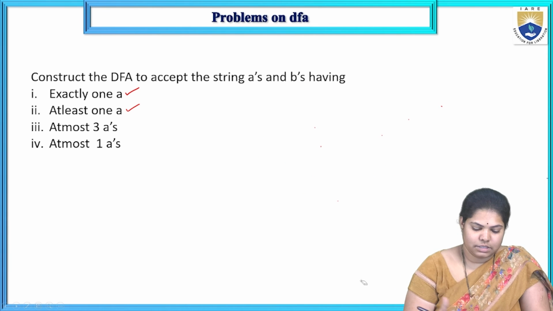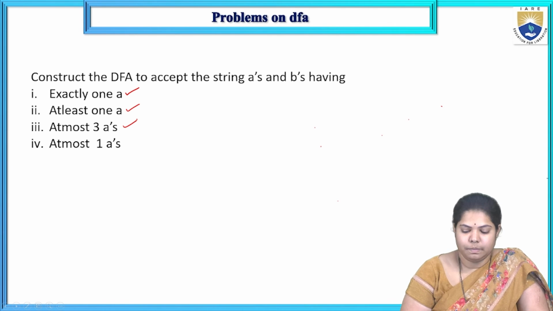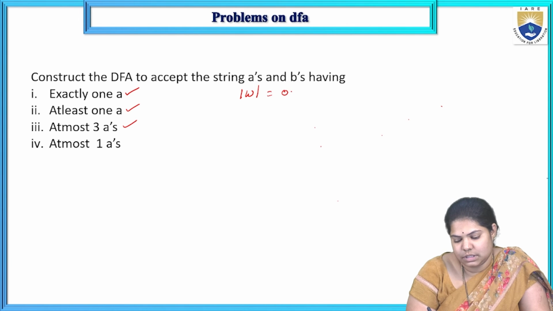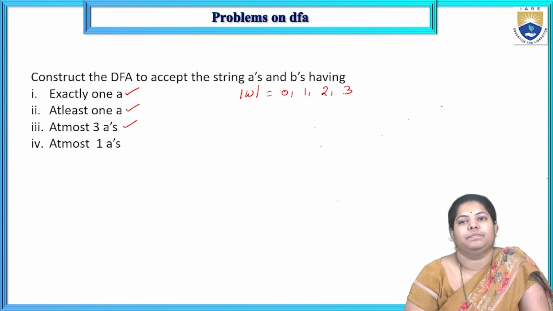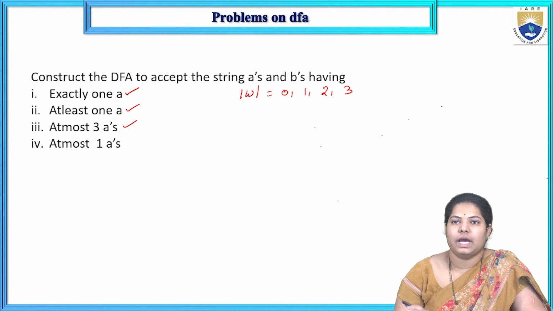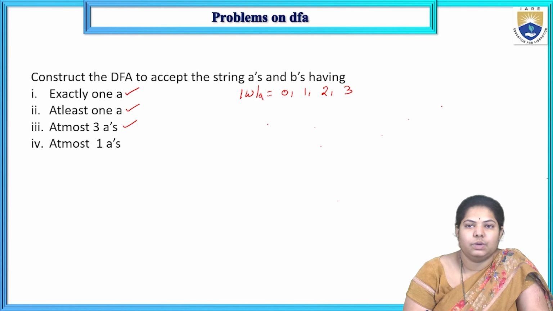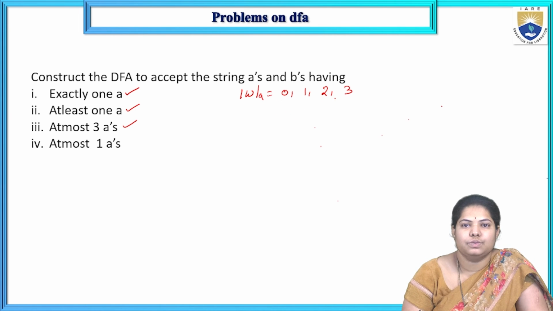Right? The next one is at most 3A's. At most 3A's means the number of A's in a string is equal to 0, 1, 2 and 3.